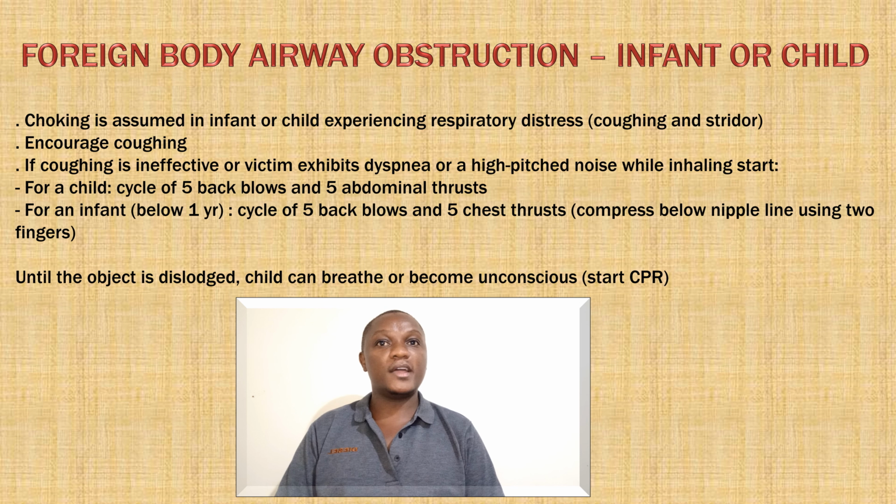When you're doing the chest thrust, you're just going to compress below the nipple line using 2 fingers until the object is dislodged, the child can breathe, or becomes unconscious. And remember, when the child or the infant becomes unconscious, what do you do? You start CPR.